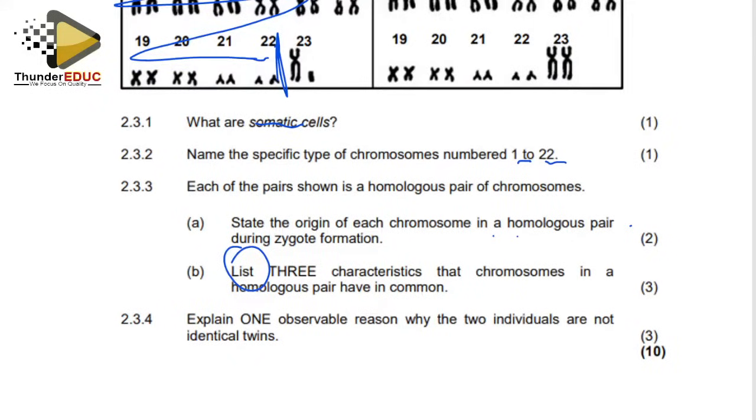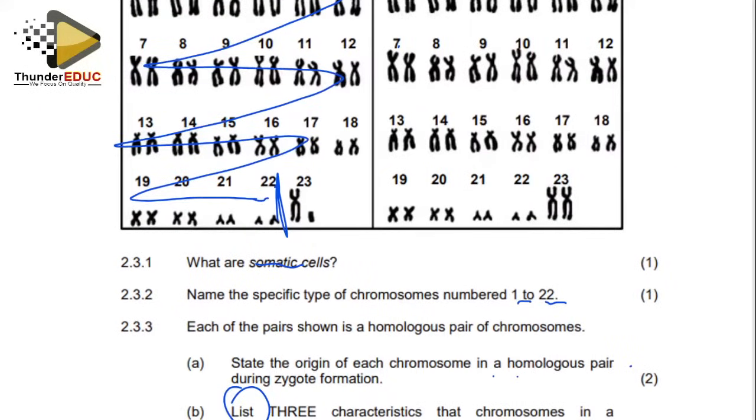Explain one observable reason why the two individuals are not identical twins. So what do you see when it comes to that? The observable reason you can give here is they are not identical. Why?